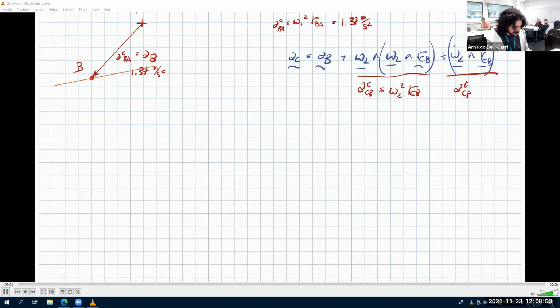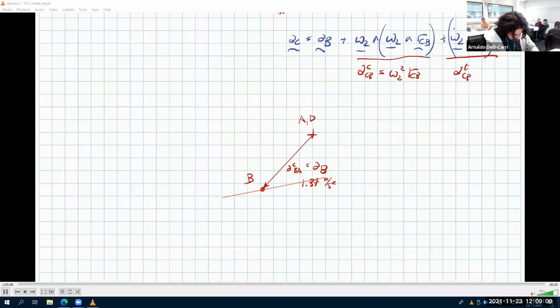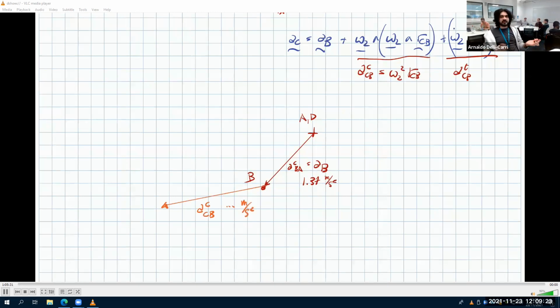So this is ACCB, and it has a certain number of meters per second squared, which I'm saying is this long, but I'm not sure.